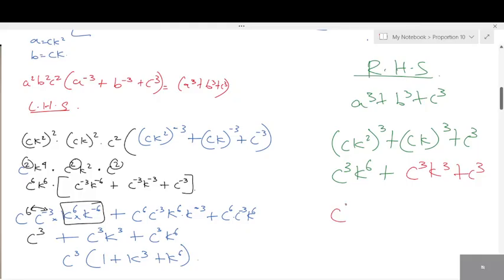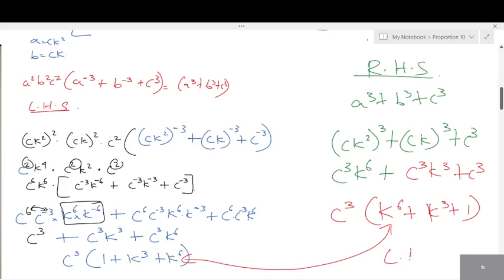What is given? Next, in bracket K cube plus 1. It's the same, only the values are shuffled here. You can write it this way. Just rearrange, students. Left hand side is equal to right hand side.